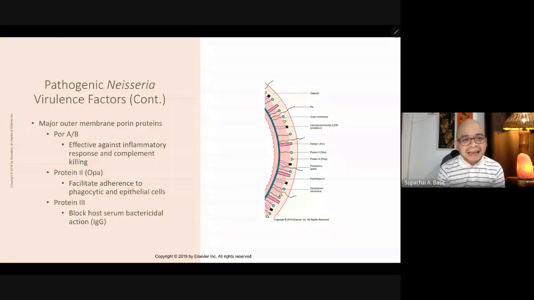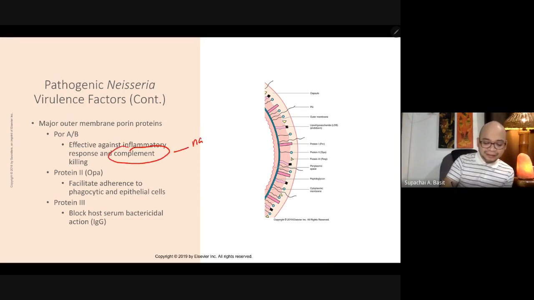We have 4A and 4B. 4A and 4B are effective against the inflammatory response and complement killing. 4A and 4B are short for porin protein A and porin protein B. So they are responsible for protection against the inflammatory response and complement killing. Complement is our natural defense.